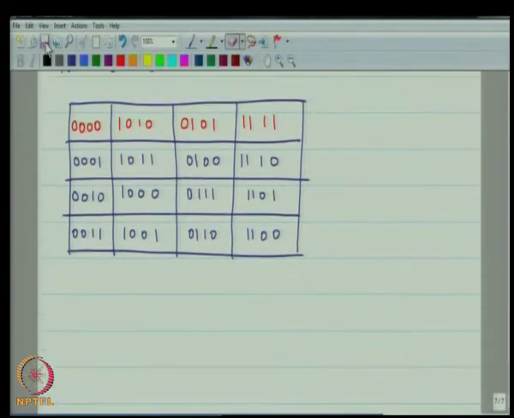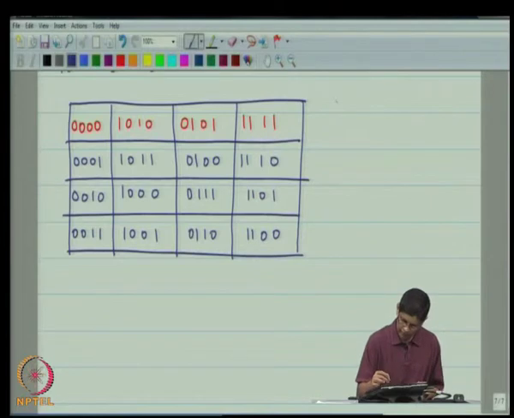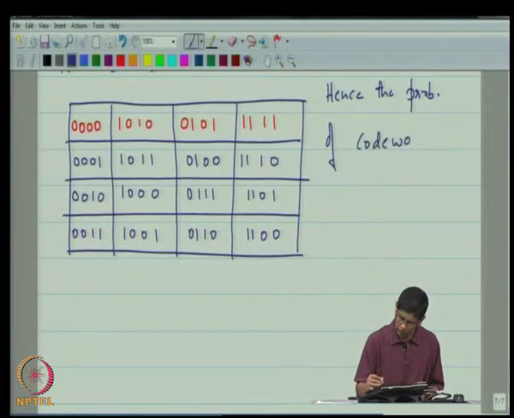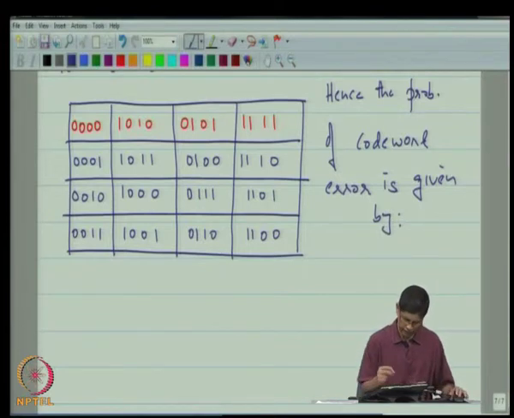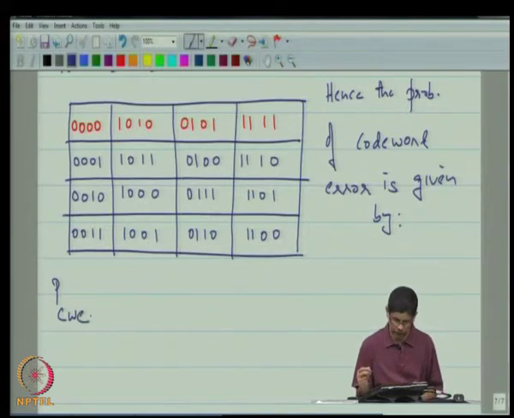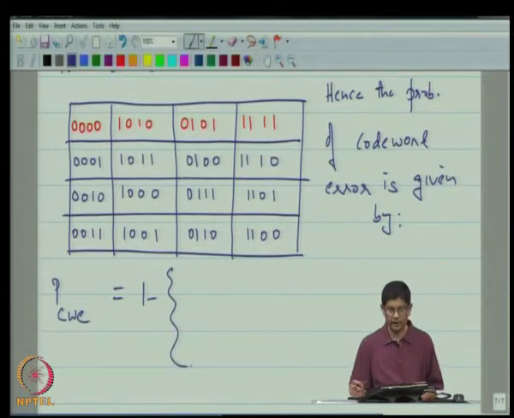So, hence the probability of codeword error is given by, and I am going to write CWE to denote the probability of codeword error, is 1 minus the probability of no error.